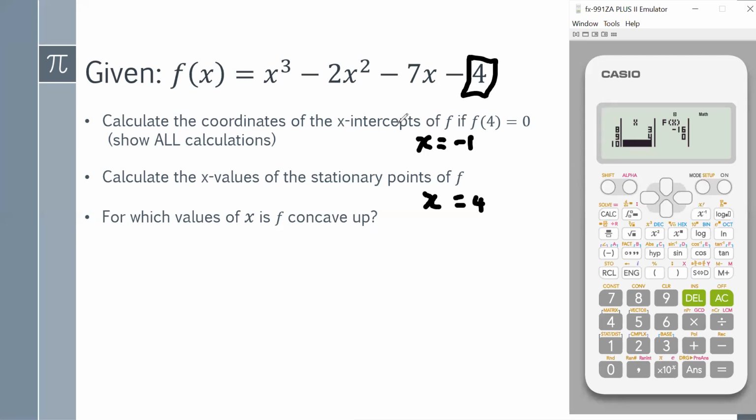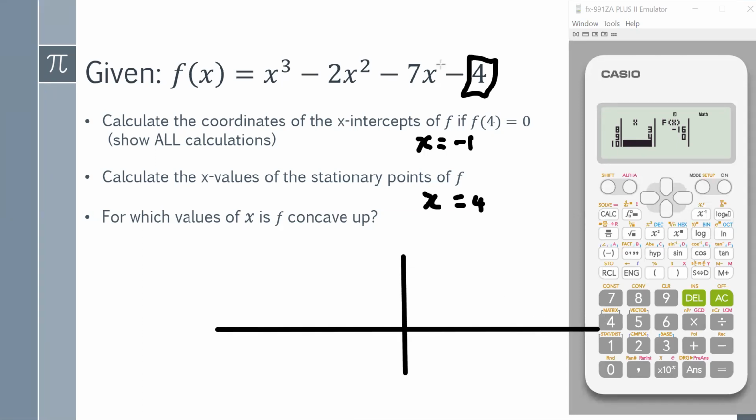So, of course, there are two possibilities here. Since the coefficient of x cubed is positive, either we have a graph that has a turning point and an intercept at -1, or it has a turning point and an intercept at 4.